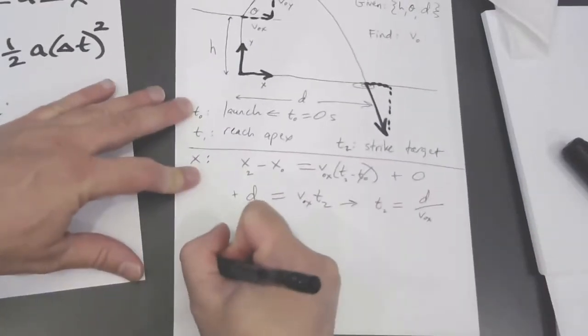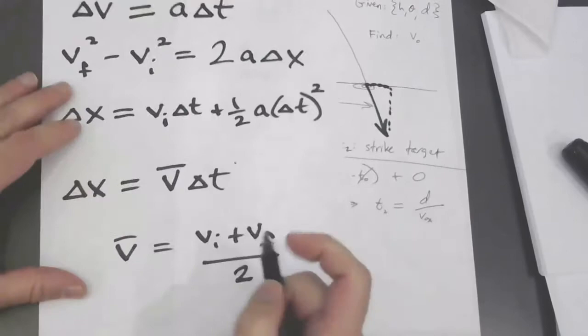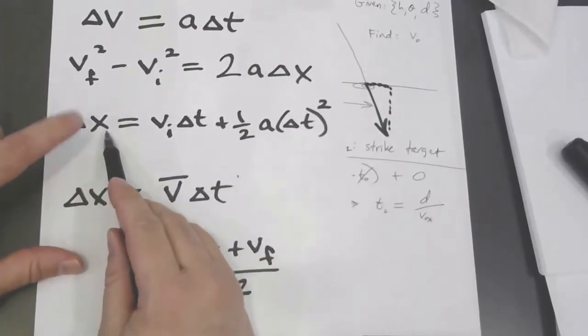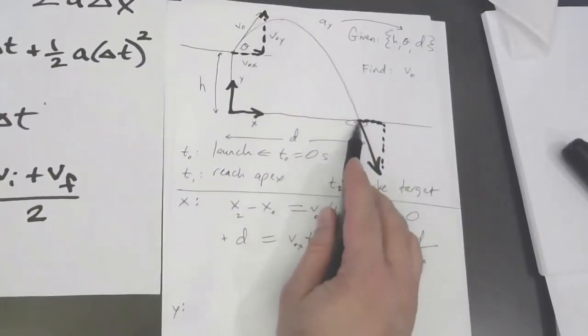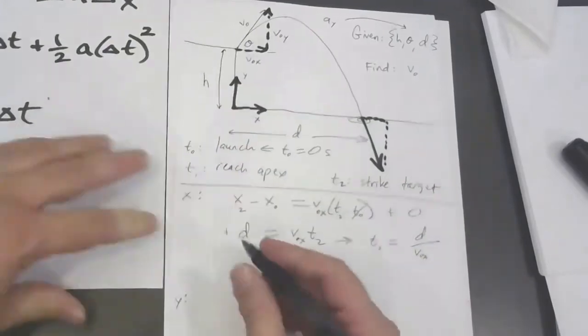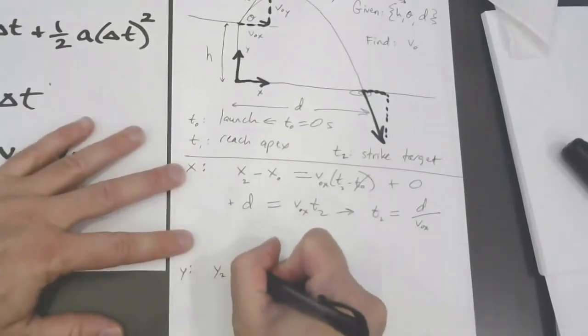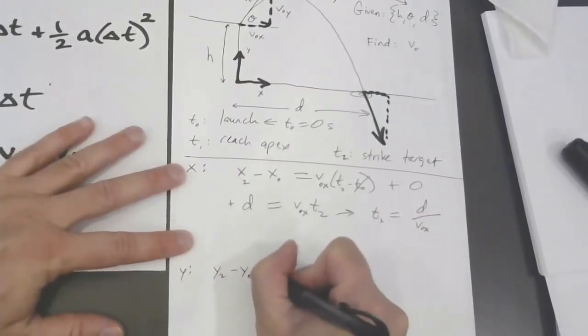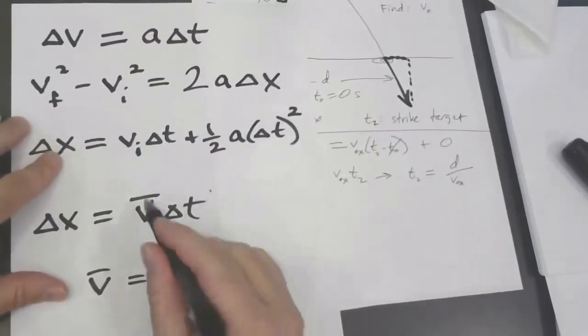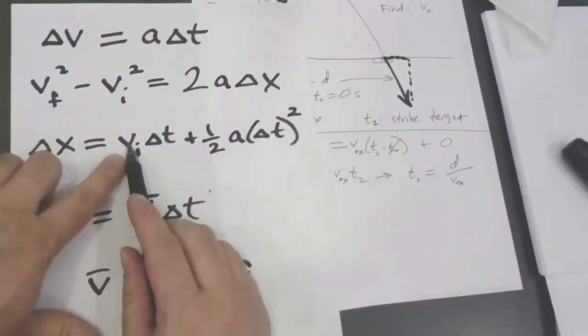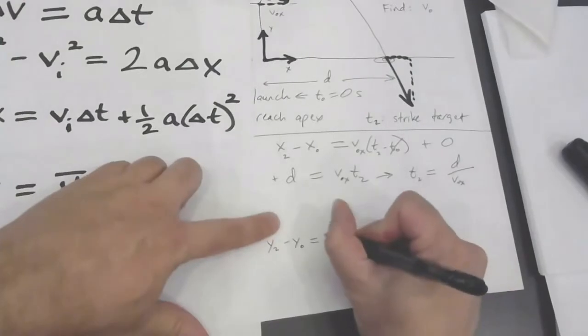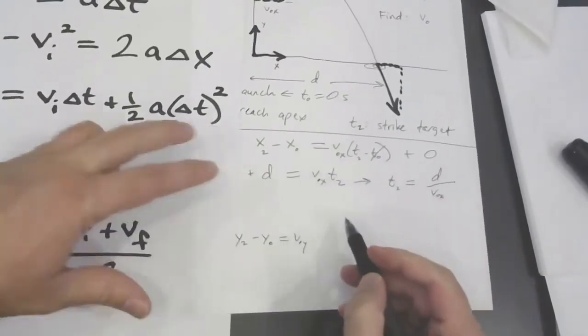So for the y-axis, I'd say delta y, final minus initial. Again, let's go with times 2 and 0. So y at time 2 minus y at time 0 equals v naught t. Well, now it's the initial component of velocity along the y-axis, which is v naught y times delta t.